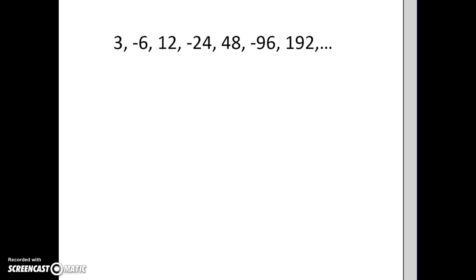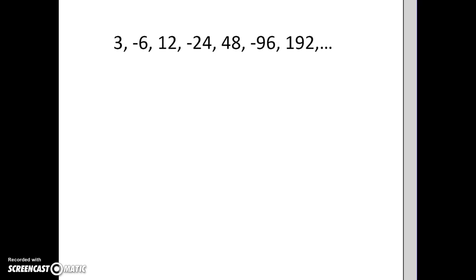For our next pattern, we notice that we have alternating negative signs. Positive 3, negative 6, positive 12, negative 24, positive 48, negative 96. We ask ourselves, is it a geometric sequence?